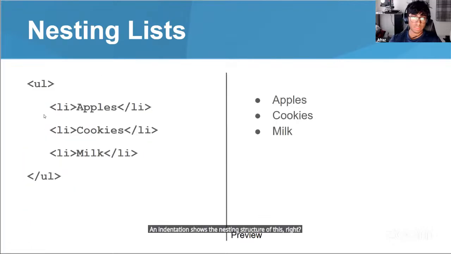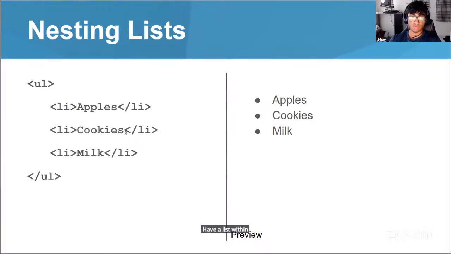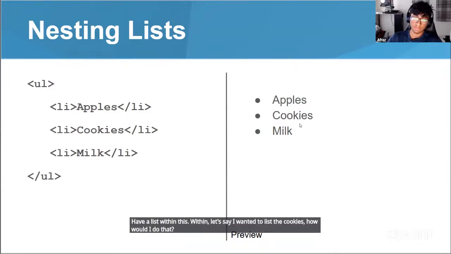And so this is our list. This is our initial list, apples, cookies, milk. It's an unordered list, and each list element is here. Now, can anyone take a guess as to how I would have a list within this, let's say I wanted to list the cookies. How would I do that? Anyone take a guess?